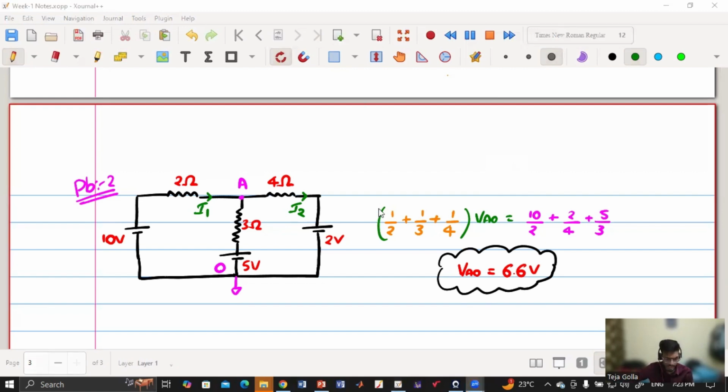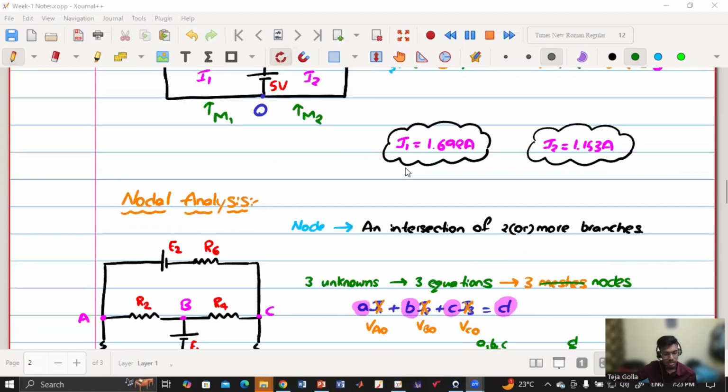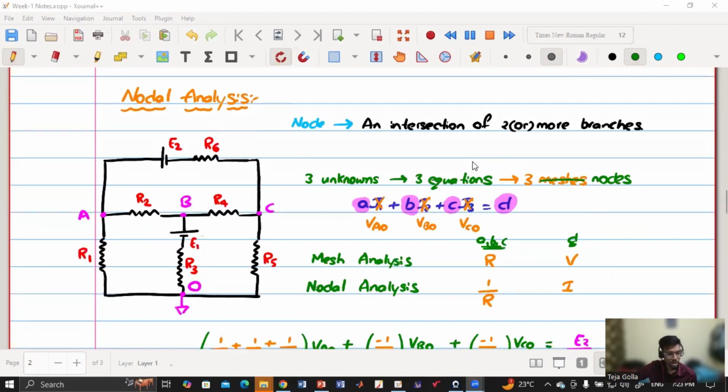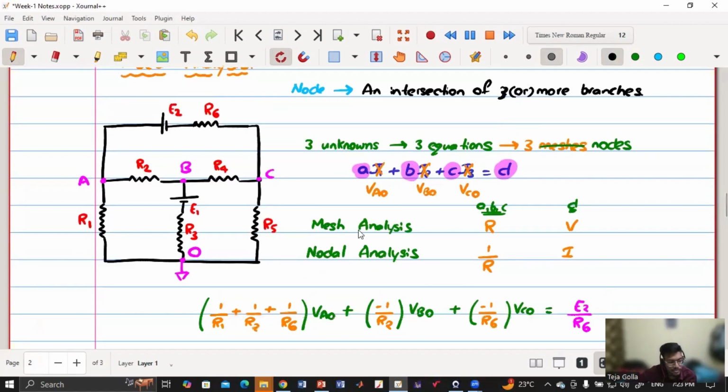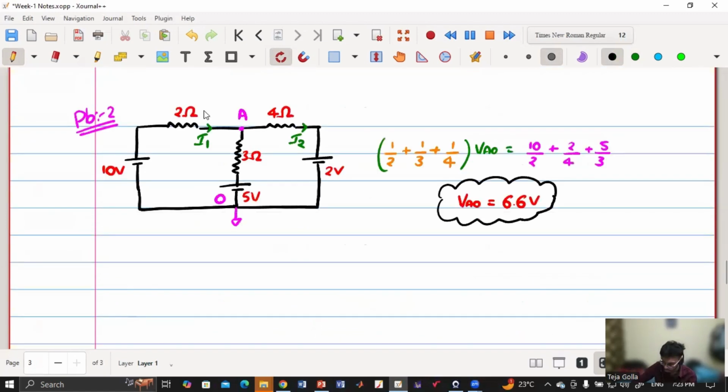Yes. So actually, as I have mentioned, a node is an intersection of, sorry, not two or more, three or more branches. I'm sorry. So every time there should be at least three or more branches. If you see here, this is one branch.